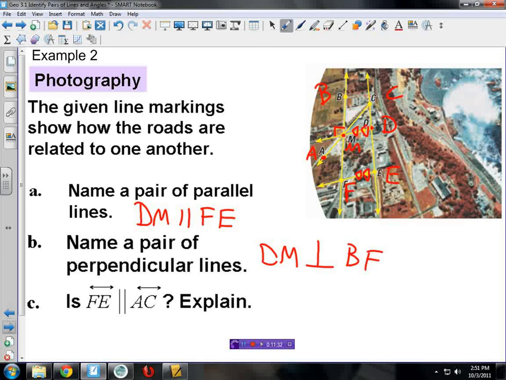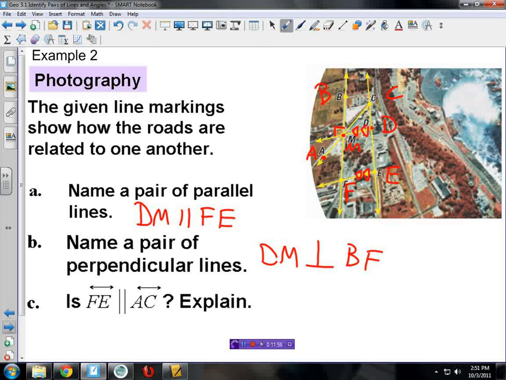All right. Now, the picture's kind of hard to see and tell what it's asking, but on C it's asking, is FE parallel to AC? No. Why not? If you extend them, they'll touch, right?